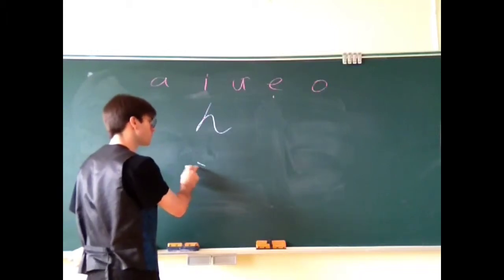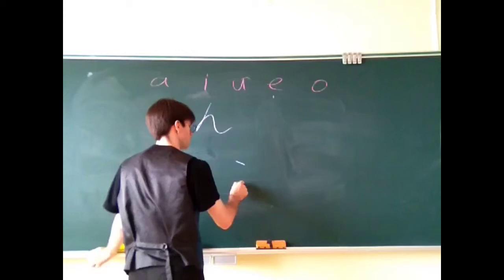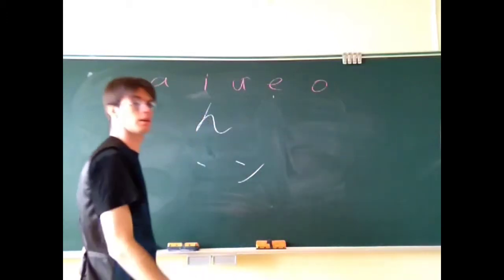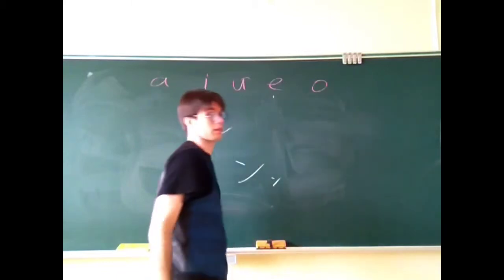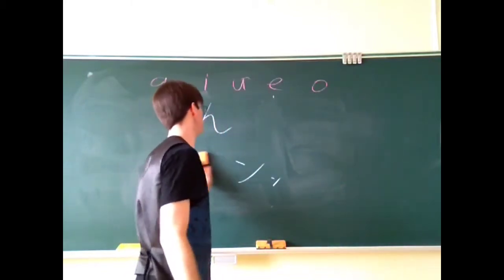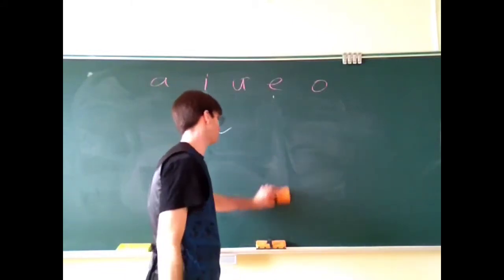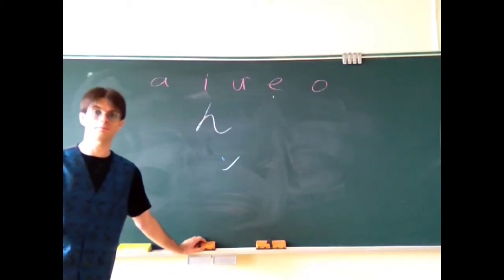More horizontal than vertical. And then start from the bottom and go up. And there's your n, basically. This one is easy to mess up with the other ones in that nightmare set, so be careful with it.